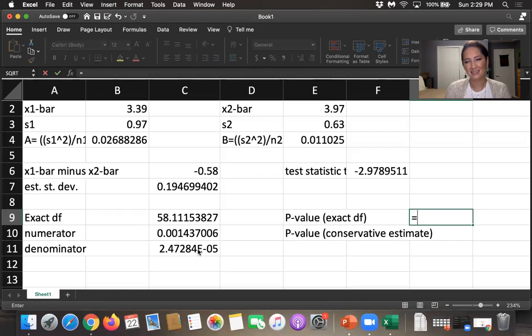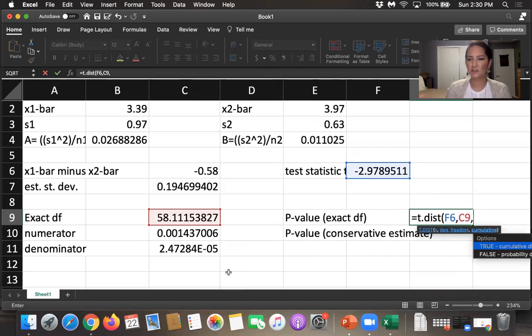I need the area to the left of the test statistic. So I'll type equals t.dist, open parentheses, and Excel will remind you what you're supposed to type in here. So we'll select the test statistic, the number of degrees of freedom for the exact number of degrees of freedom, those are right there. And when it asks for cumulative, that's just saying, do you want the area to the left or not? And I want to say yes. So we type true.